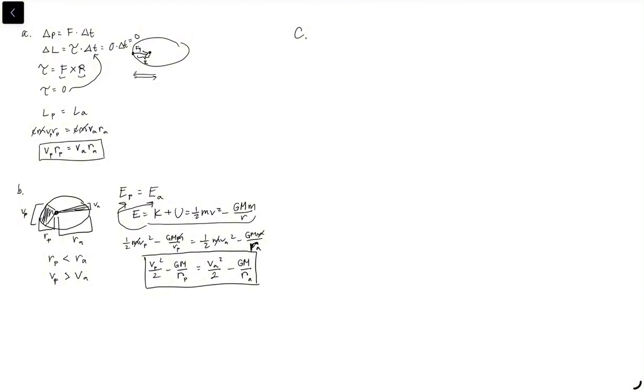Okay, so for part C, I'm going to use this equation that you gave us, or that I derived from part A. And then in the final equation that you want me to prove, we have the terms VP, VA, and RA.